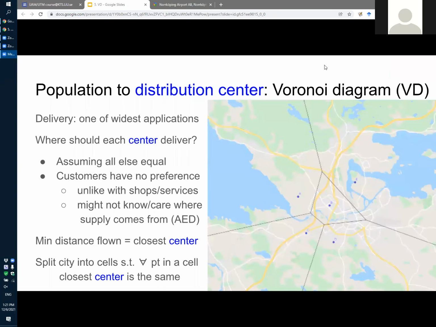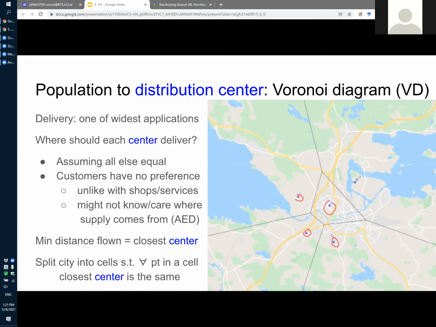Okay, so one of the applications that is envisioned for the drones is, of course, the delivery. And one immediate question that you may ask yourself is, given a set of delivery centers, I have these red, blue dots on the map.